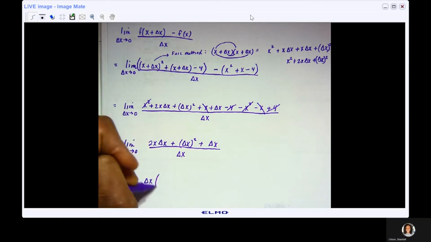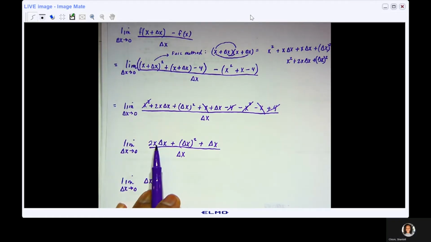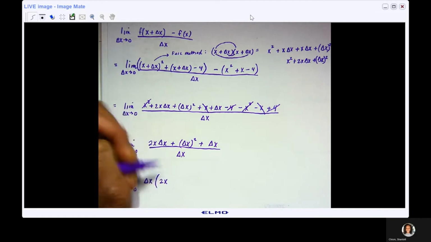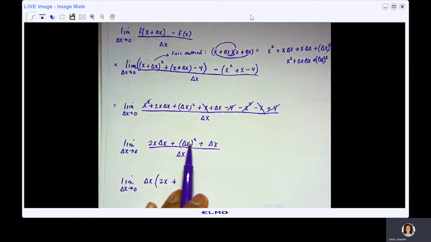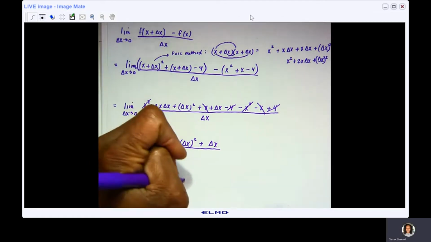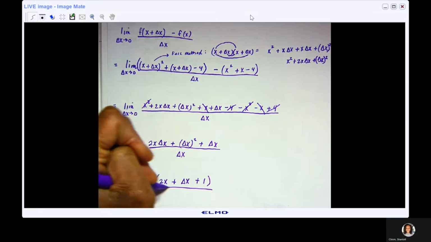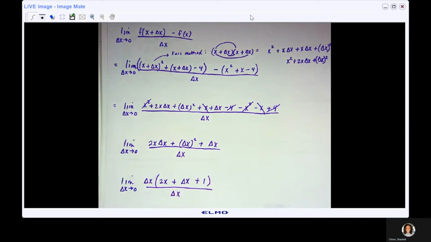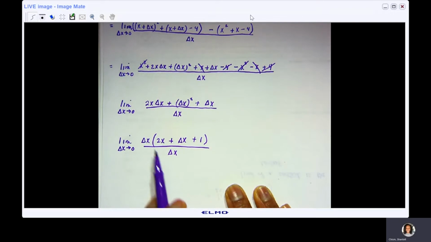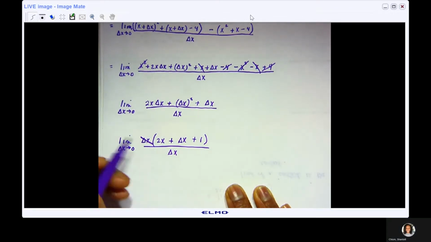Delta x. When I pull out delta x, and when I pull out delta x, take a look at what's delta x.